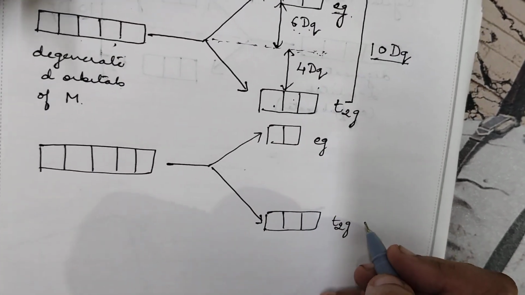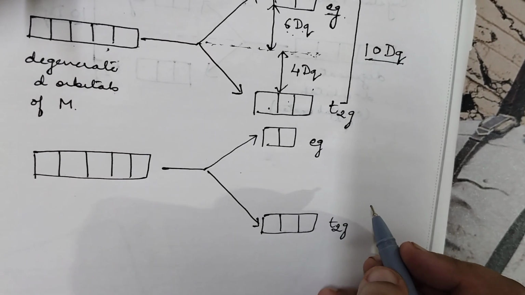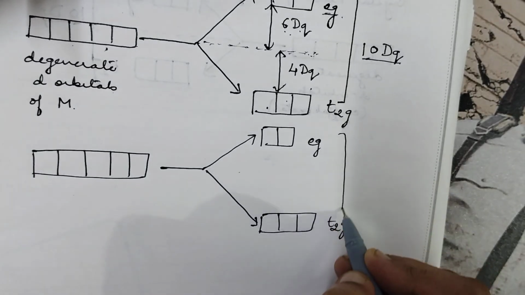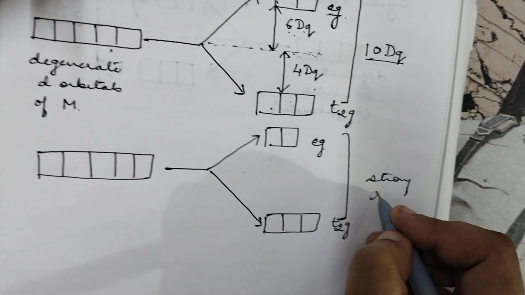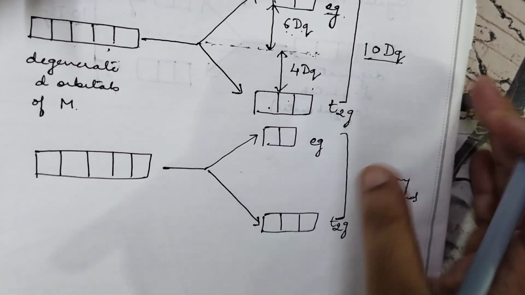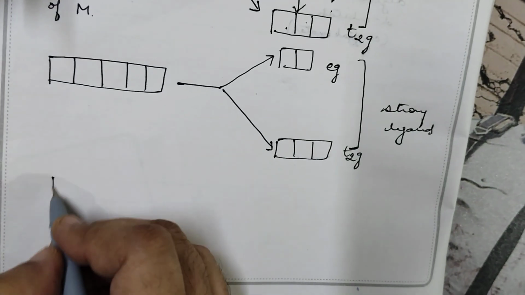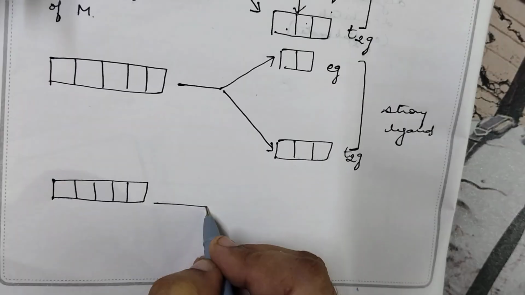In T2g group there are 3 orbitals, and in Eg group there are 2 orbitals. So this splitting will be more if the ligand is strong. That is, this gap will be more. And when the ligand is weak, then this gap will be less.